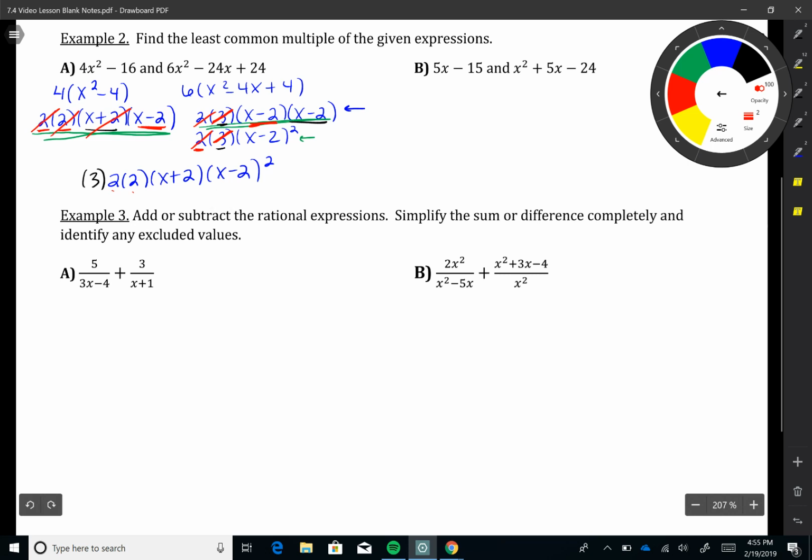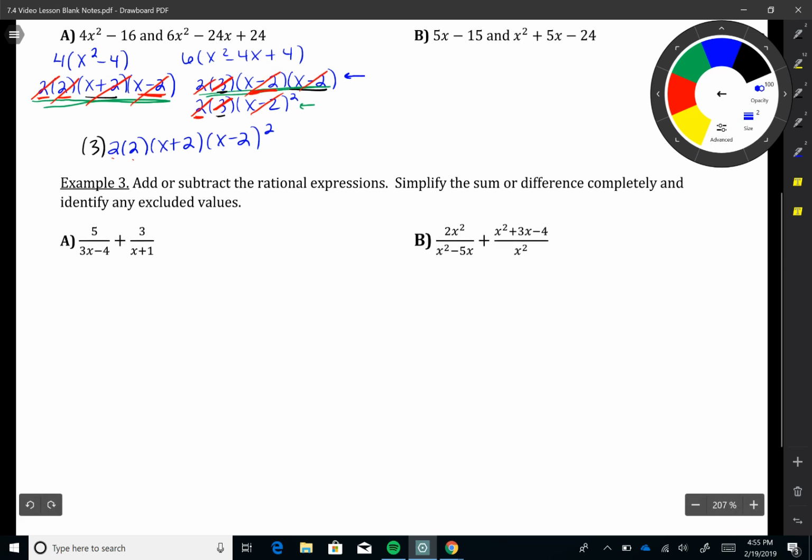And then I have x minus 2 quantity squared. So that would cross out any x minus 2 and it would also cross out the pair. Okay, so I have included everything that's in both expressions. And now I would simply multiply these numbers because we don't want to leave it like that. That would just be 12 times x plus 2 times x minus 2 quantity squared. And this would be the least common multiple of those two expressions.